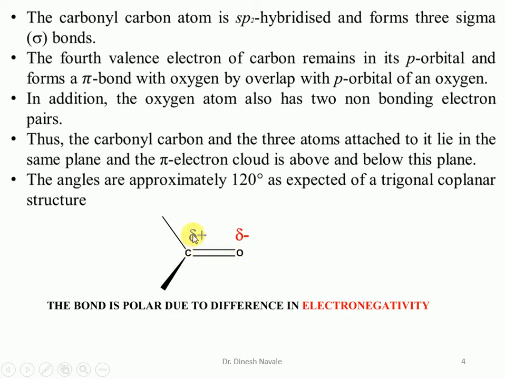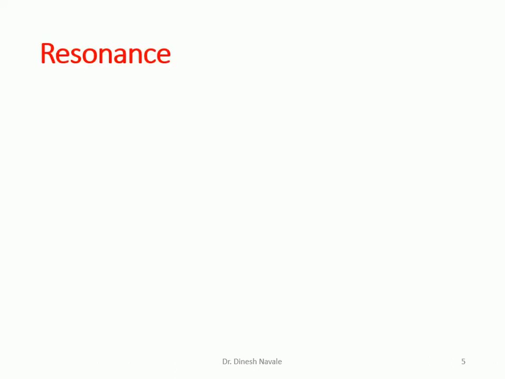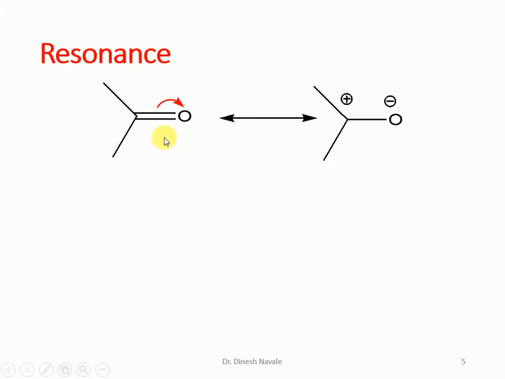That's why there is a partial positive charge on carbon and a partial negative charge on oxygen. Now if you look at the resonance structure of the carbonyl group, it has a positive charge on carbon and a negative charge on oxygen, and this is responsible for the partial delta plus and delta minus charges, making the carbonyl carbon an electron deficient center.